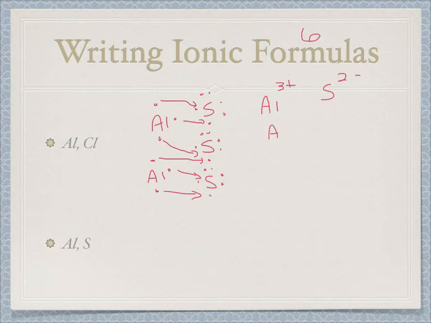That means I need 2 aluminums, because that gives me a positive 6, and I need 3 sulfurs, because that gives me a negative 6. Once again, I get the same ratio. Either way is good to think about. I get Al2S3 for my formula.